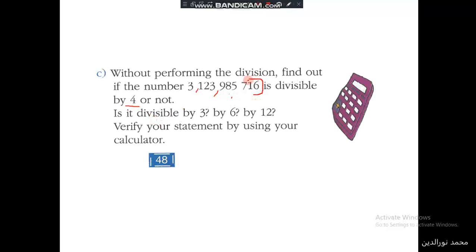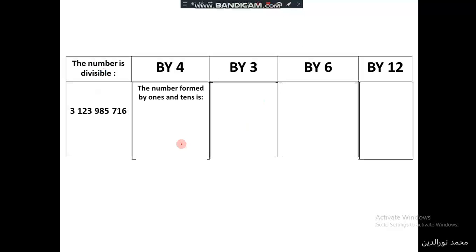We look at the very last two digits, the ones and tens. Here I have 16. Is 16 a multiple of 4? Yes, 4 times 4 equals 16. So we could predict that this number is divisible by 4. So the number formed by the ones and tens is 16 and it's a multiple of 4, then all the number is divisible by 4.